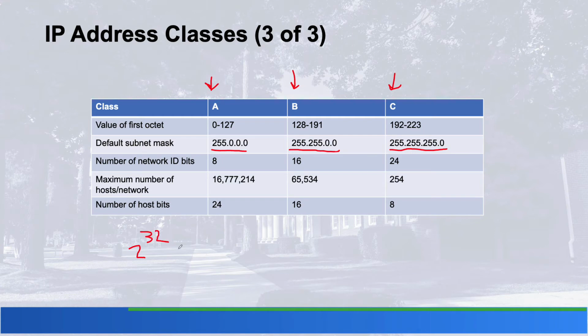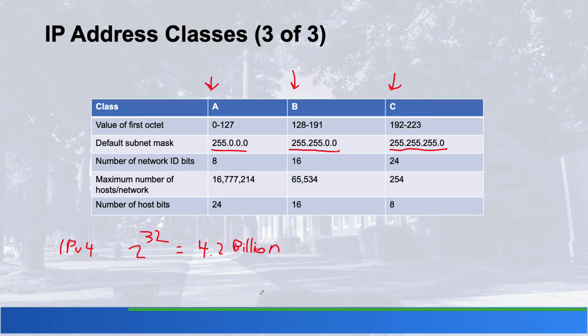So the number of addresses that we have for IP version 4 is going to be 4.2 billion addresses. That is the most addresses that we can have with IP version 4.